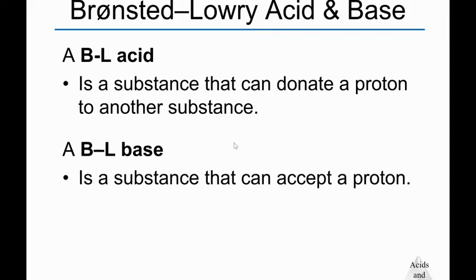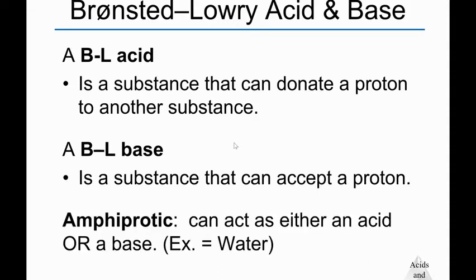However, there are sometimes substances that can behave as both a Bronsted-Lowry acid or a Bronsted-Lowry base, depending on what they're combined with or what they're reacting with. A really good example is water, and I'll show you an example where water behaves as an acid and where it behaves as a base.